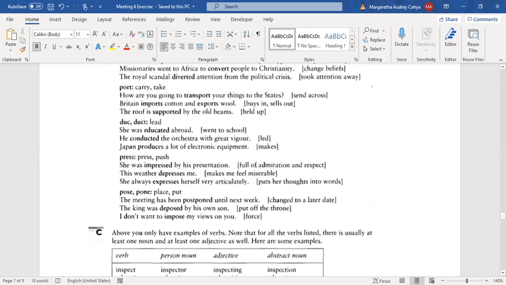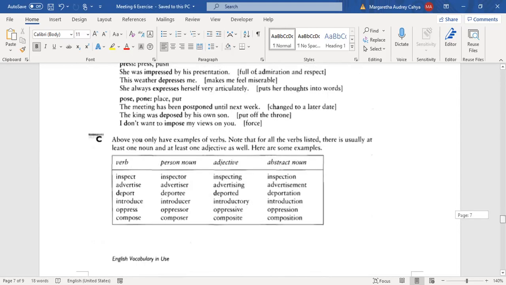Okay. And then, this is how you change the word into becoming a person noun, to become adjective, to become abstract noun. Oh, this is actually you put either prefix, kata depan, or suffix, kata belakang, into these words.